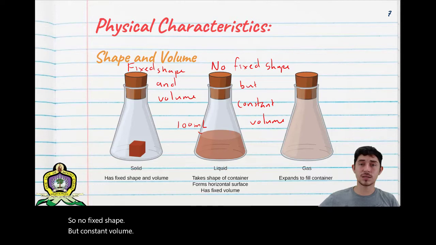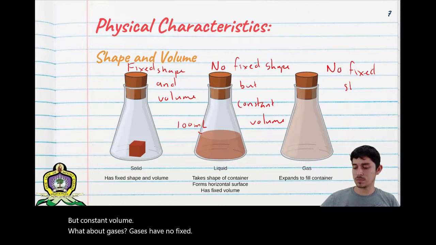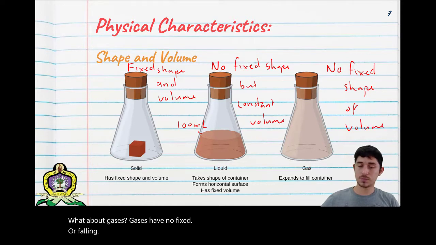What about gases? Gases have no fixed shape or volume. We will refer back to this property later on when we talk about the arrangement of particles.